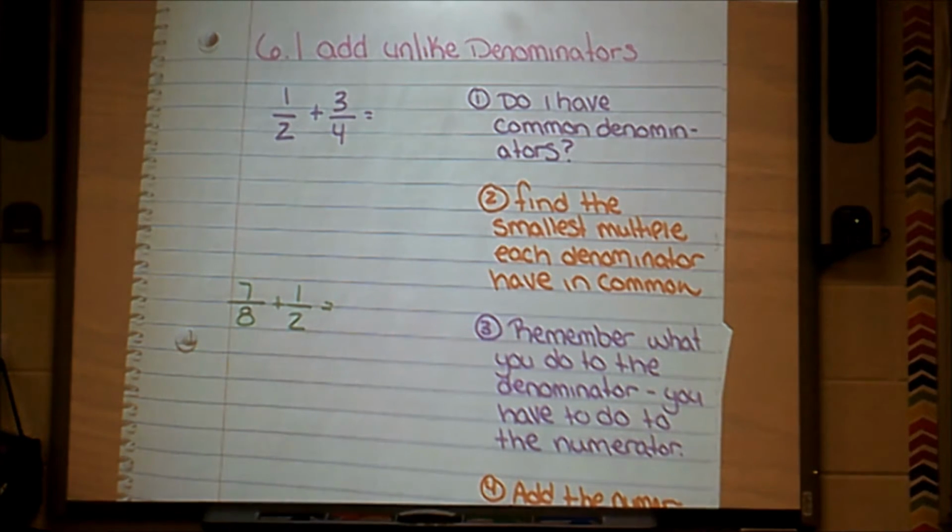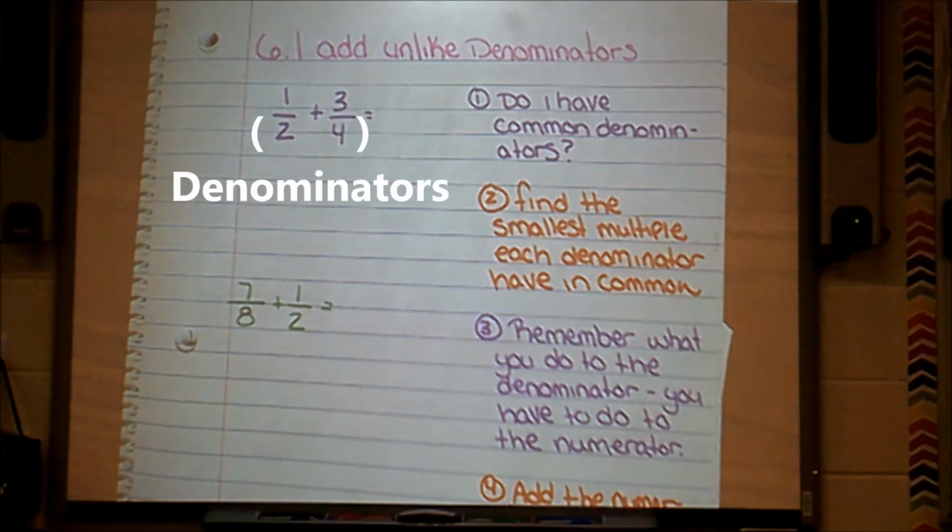Going to step 2, it says I need to find the smallest multiple that each denominator has in common. And I do this very simply. I'm going to take those two denominators, my 2 and my 4, and I'm going to count by 2s and I'm going to count by 4s and see what number they have in common.